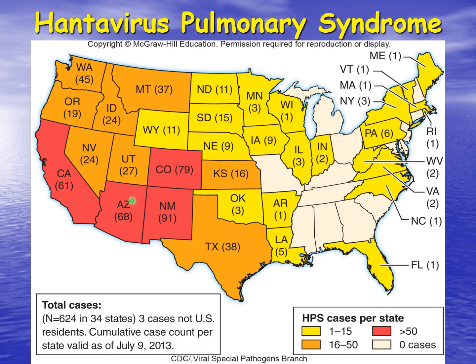But again, most of these are out here in the southwestern United States. Yosemite here in California had to close down a few years ago because of an outbreak of hantavirus. We've not seen any that I know of anyway, hantavirus in Missouri as of yet. I would have to check and make sure with the CDC, but I'm not sure that we've seen any here in Missouri yet, but don't hold me to that.